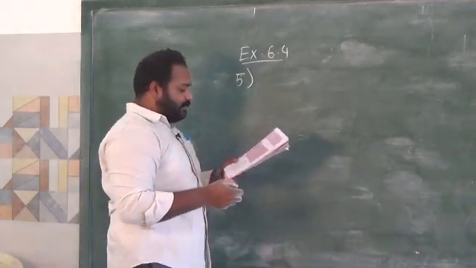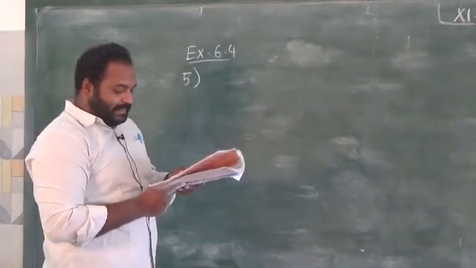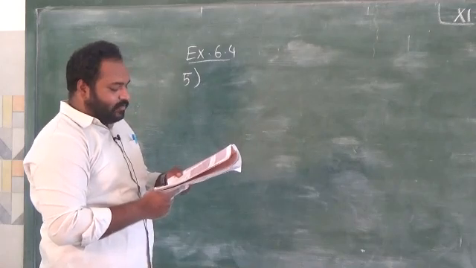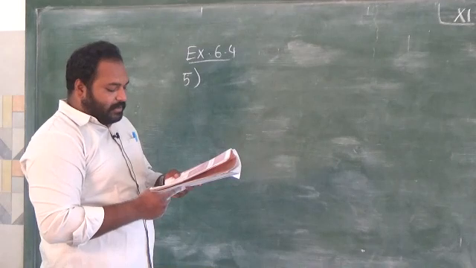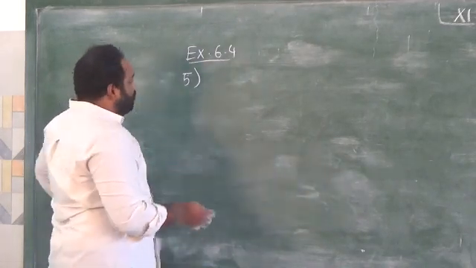Prove that the equation to the straight lines passing through the origin, each of which makes an angle alpha with straight line y is equal to x, is x square minus 2xy secant 2 alpha plus y square equal to 0.